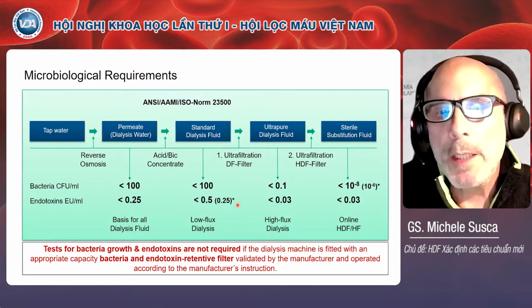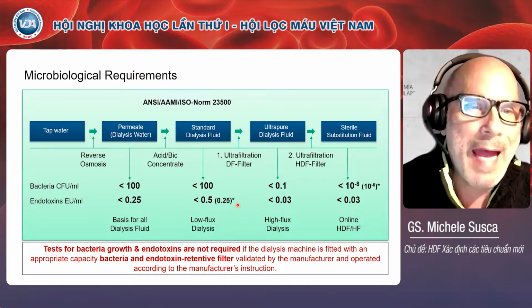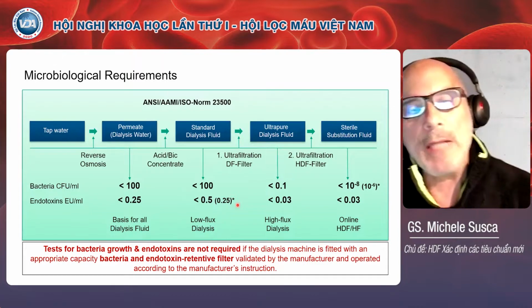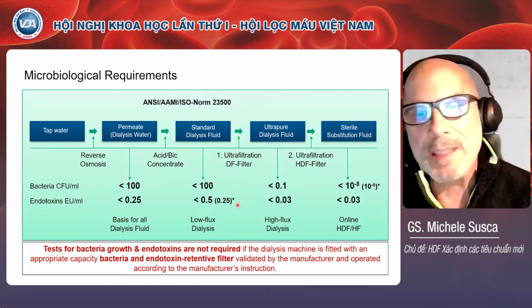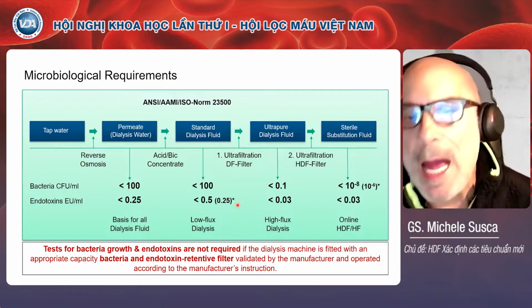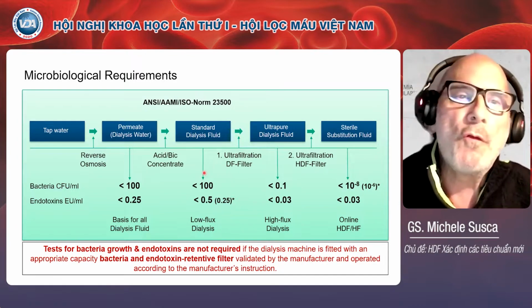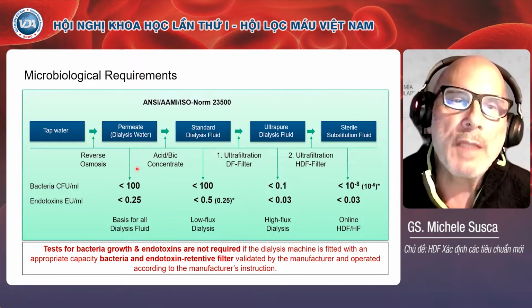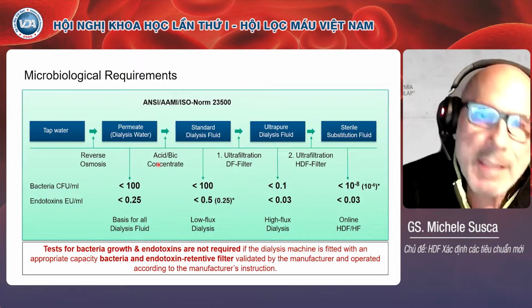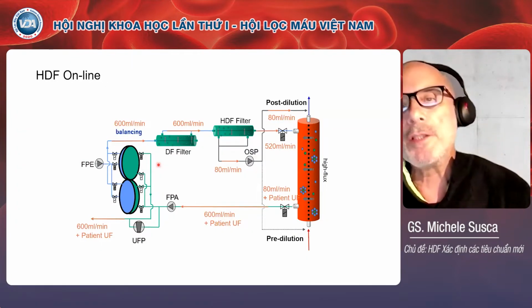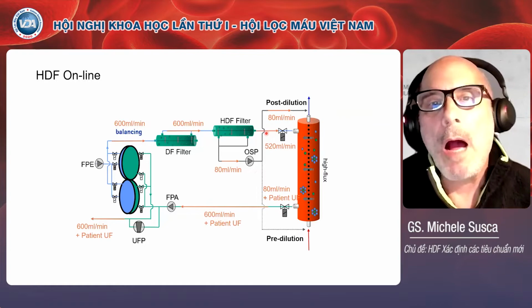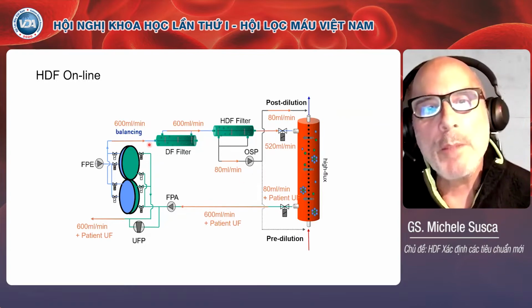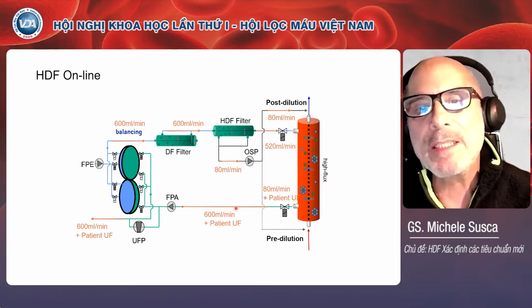For example, in Germany, we test the bacteria and endotoxins in such fluids just every 3 months, as we usually do for dialysis water after the reverse osmosis. Okay, good. Let's continue. And you see here in the circuit how the machine cleans this fluid inside.